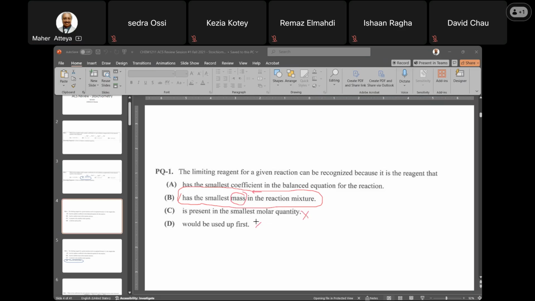This one is not correct because those are completely consumed at the end of the reaction, not first, at the end of the reaction. So the smallest coefficient, that's not correct either.